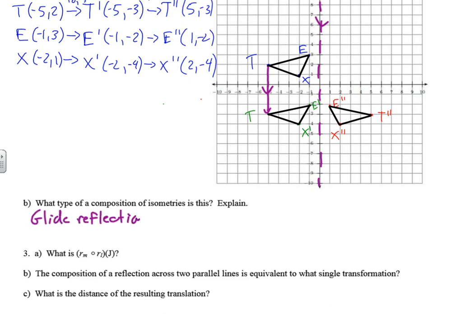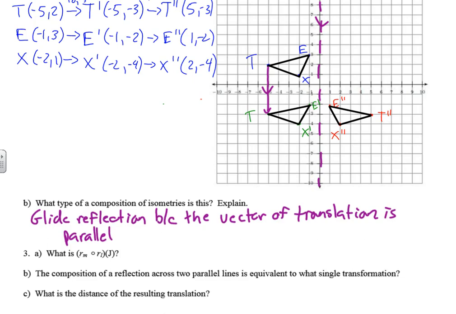And the reason is why? Because the vector of translation is parallel to the line of reflection. Okay, parallel to the line of reflection. All right, so again, that one has a specific name. It's called a glide reflection.